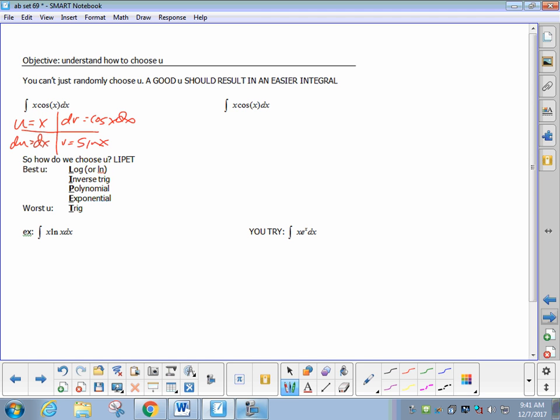Now the idea was that when we made our substitution, x sine of x minus the integral of sine of x dx, that's easier. If this is an easier integral, then that means we had a good u.